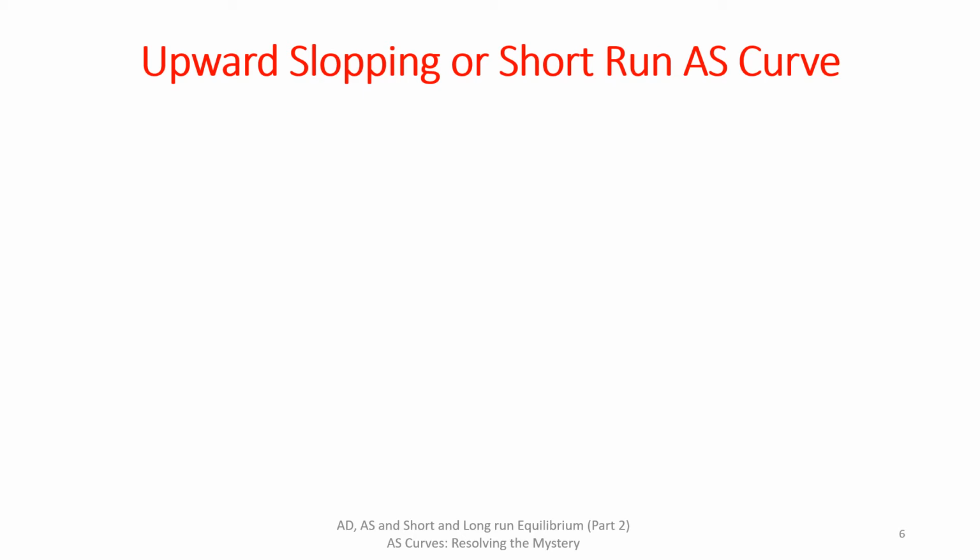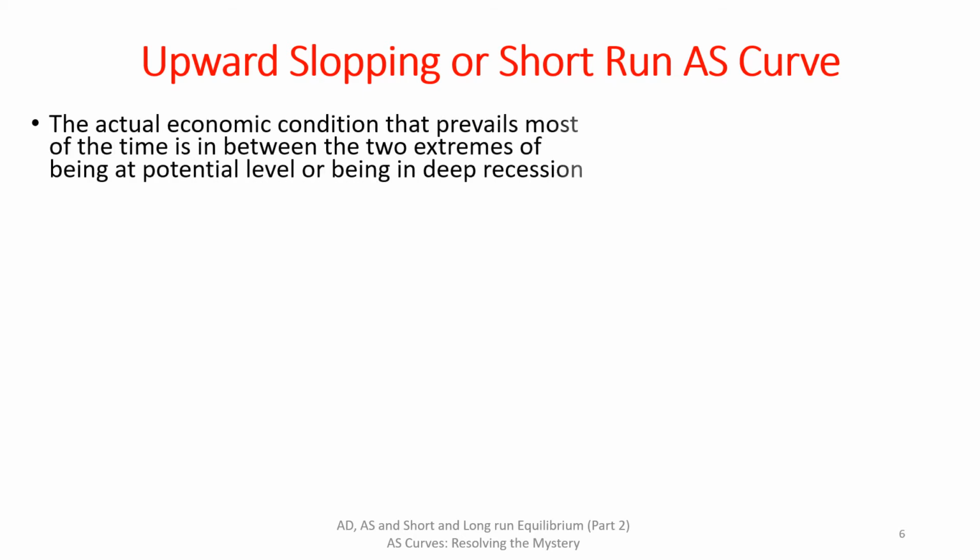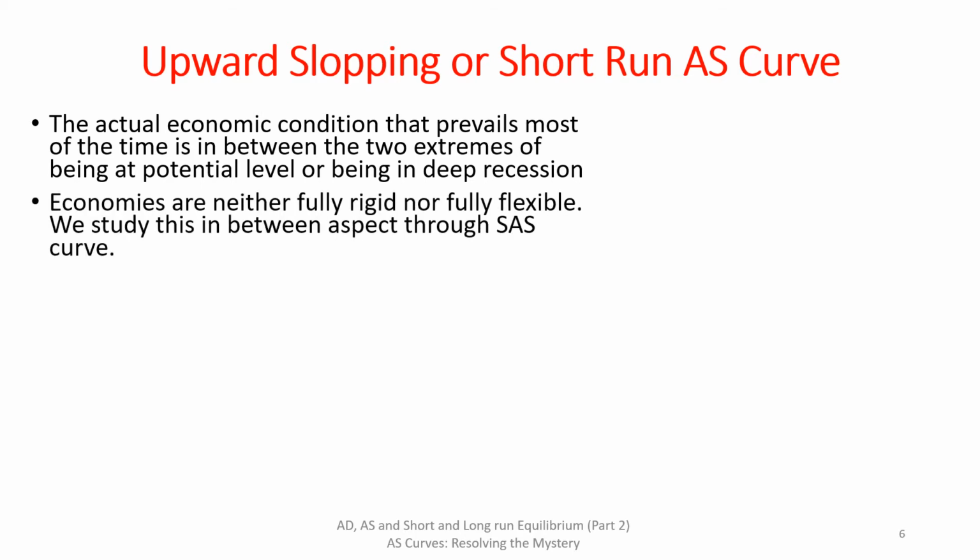However, the actual economic condition that prevails most of the time is in between the two extremes. That is, the economies are neither fully rigid nor fully flexible. We study this in between aspect through upward sloping aggregate supply curve called short run aggregate supply curve.